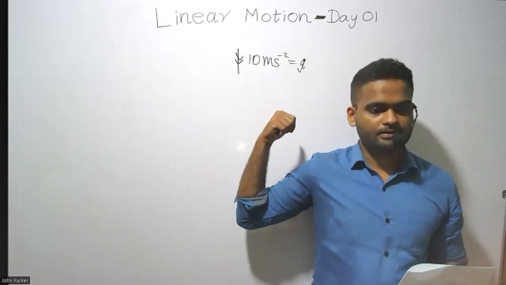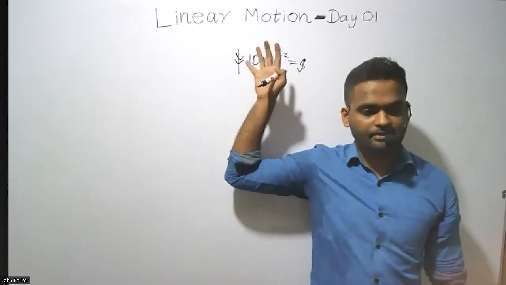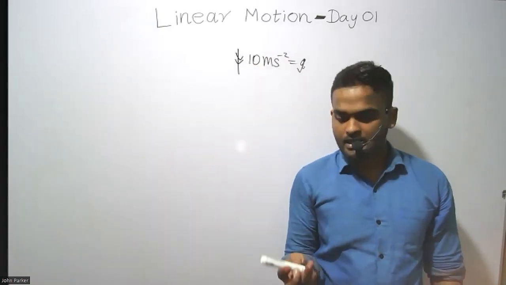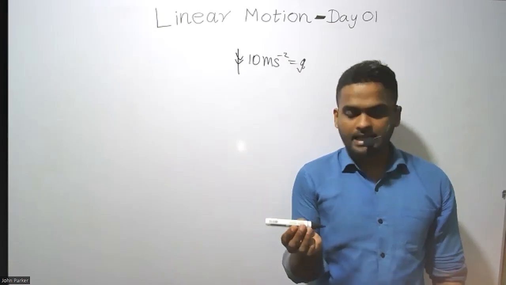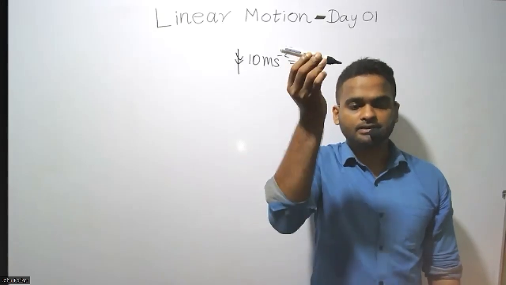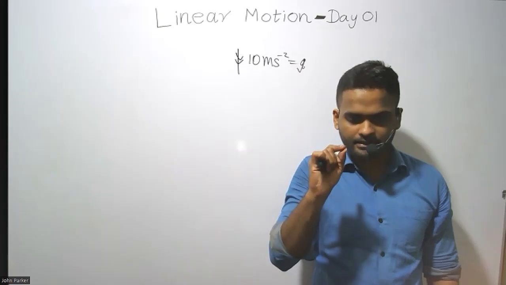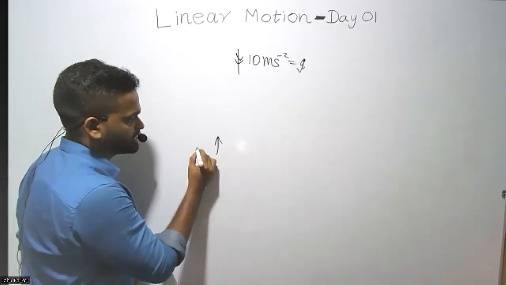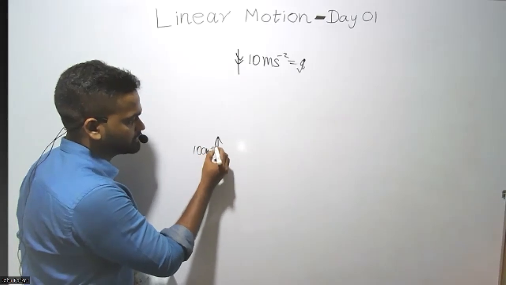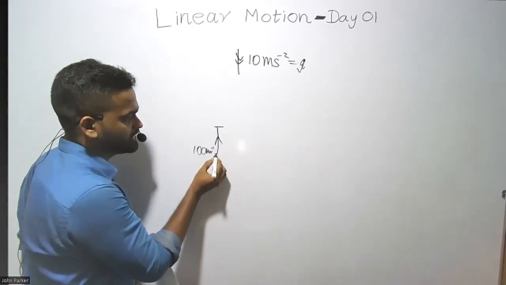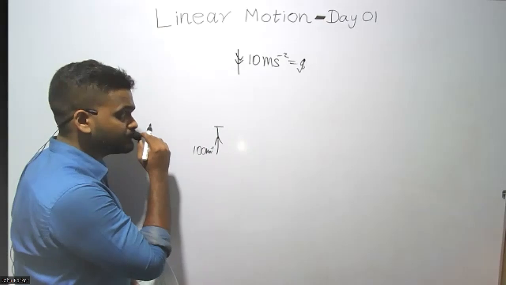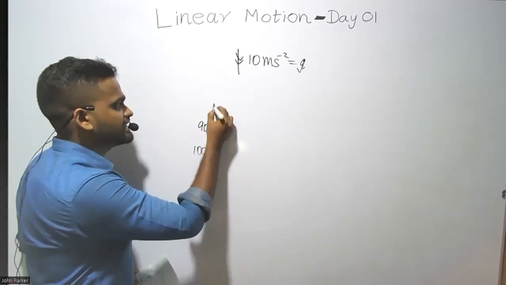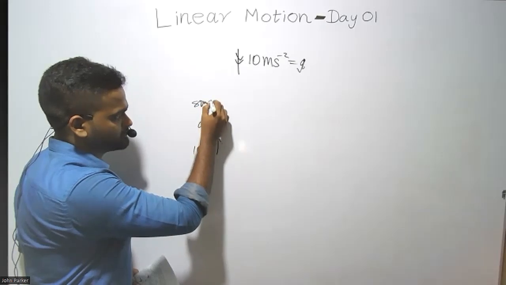Now focus on this. This is 10 meters per square second downwards. What does this mean? When an object moves upwards, at every second it loses 10 meters per second. Let's say you project an object at 100 meters per second. At the next second, it decreases its speed by 10, so it is 90 meters per second. At the next, 80 meters per second.